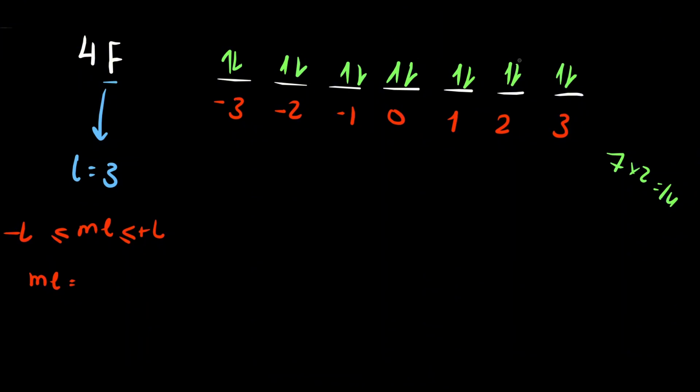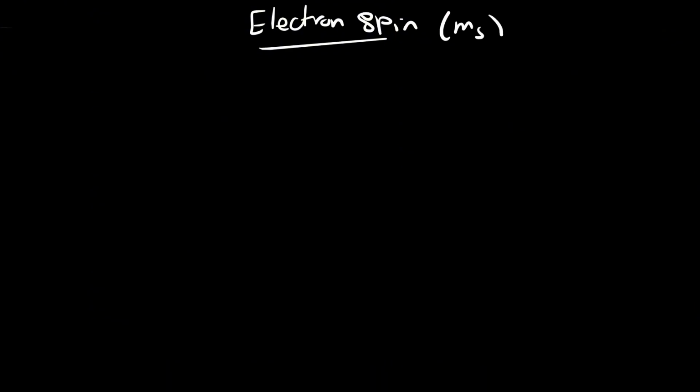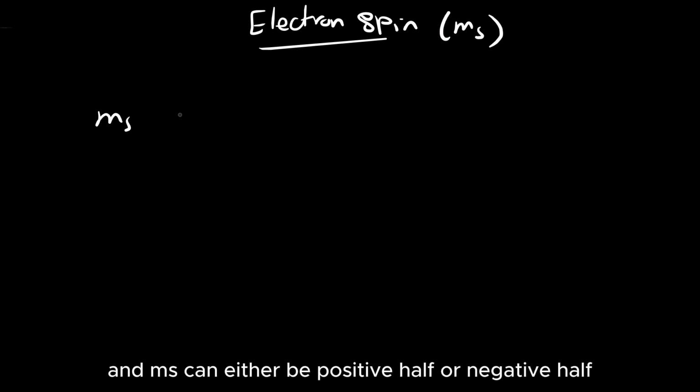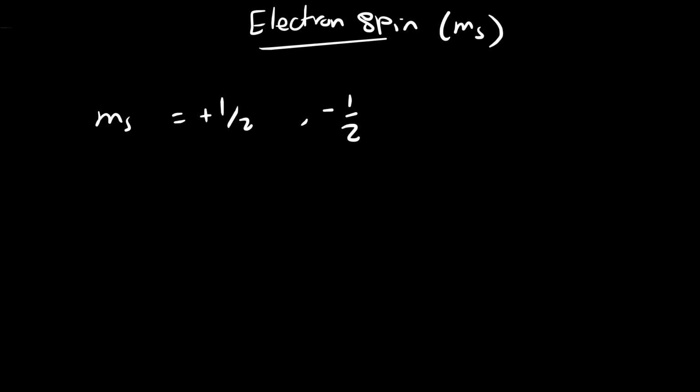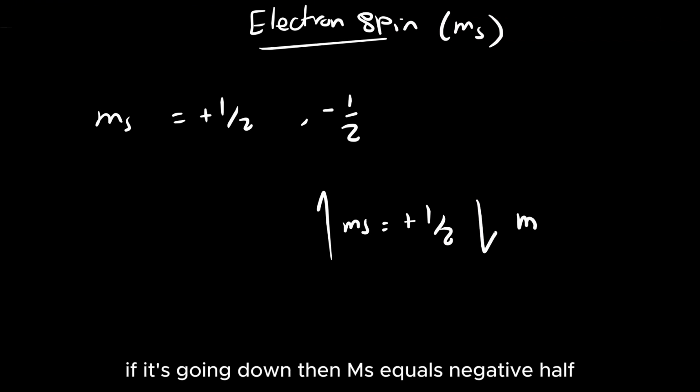It's really simple. Right, so for the last quantum number, which is the electron spin, you have to know that the symbol that corresponds to it is m sub s, and ms can either be positive half or negative half. If the electron is going up, then ms equals positive half. If it's going down, then ms equals negative half.